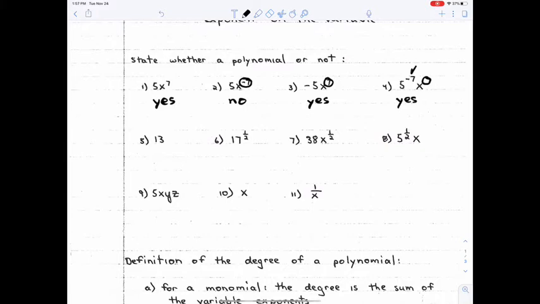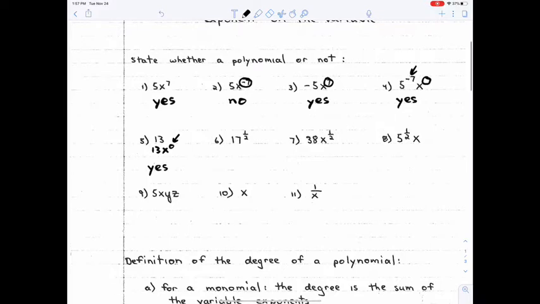So it is also a polynomial. This one doesn't matter because it's not on the variable. Number 5 is a little tough, because you could say there's no variable. Well, actually, I can write it as 13x to the 0 power, because remember, x to the 0 power is 1. Because 0 is a whole number exponent on the variable, this is a polynomial.